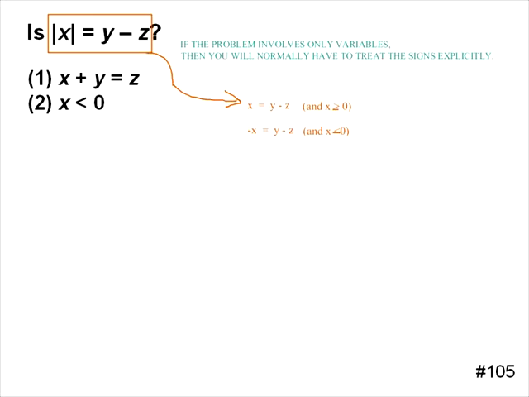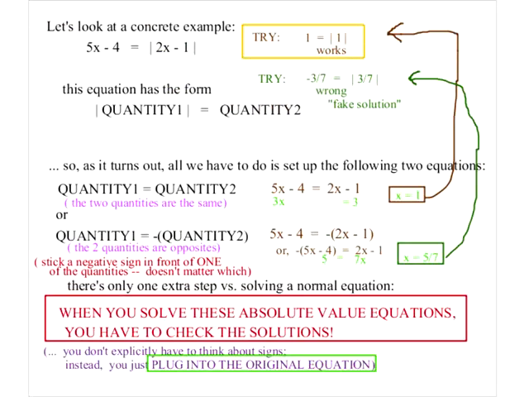Everybody follow this? This is a little bit more complicated. Only in the case of variables do you have to do this. But what I want you to notice is that this is literally the entire problem. It's not like something like this, which would probably be one statement on a data sufficiency problem.